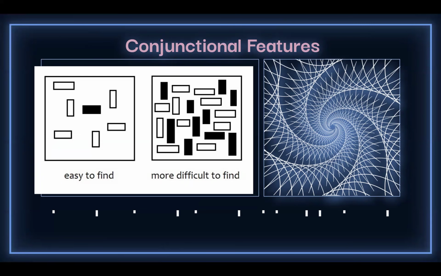On the right, however, there are many other black bars. In this case, it takes a little bit longer to find the correct black horizontal bar, because now we're looking for two features, or a conjunctional feature, and not just one, black. It was reasoned that this extra time and attention indicates that the binding of the two features is happening.